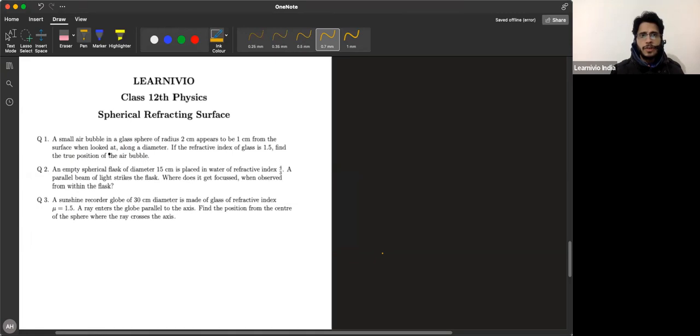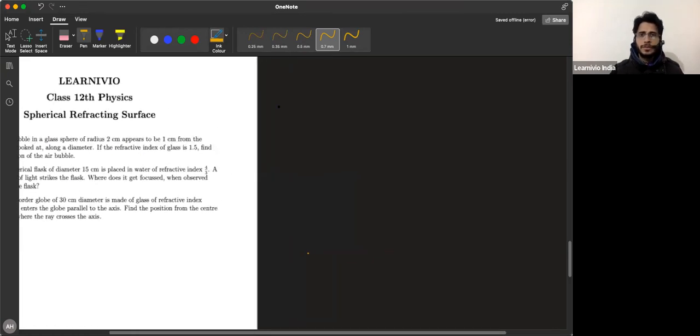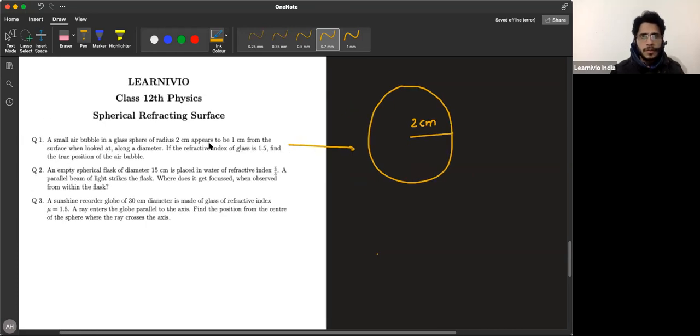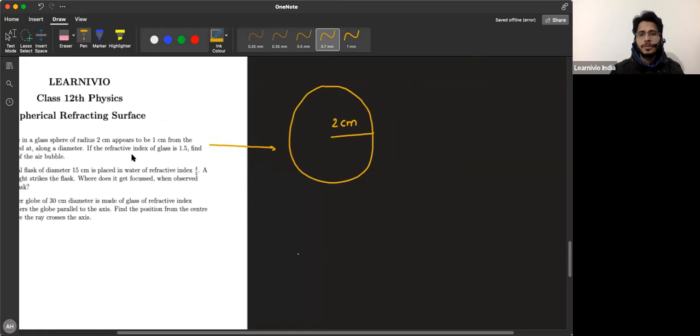So the first question says you have a glass sphere of radius 2 centimeter. The radius of the glass sphere is 2 centimeter. A small air bubble in a glass sphere of radius 2 centimeter appears to be 1 centimeter from the surface when looked at along a diameter. So this is the diameter. Someone is watching this glass sphere from here.